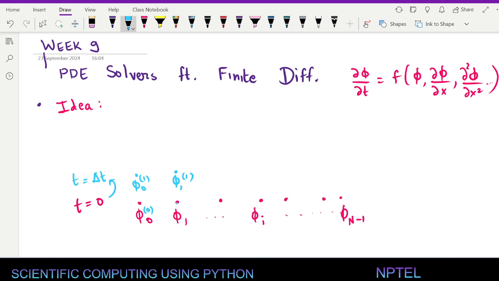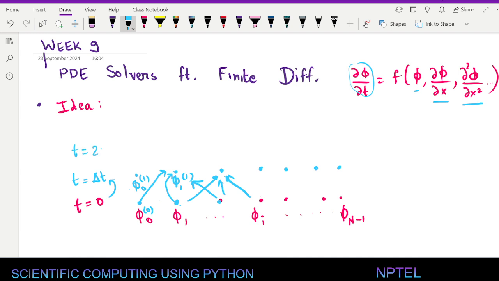And how do you get it? Well, you say that the update in phi 1 is this del phi by del t, and that depends on del phi by del x, del 2 phi by del x2, and that is computed using these values. So if you are using central difference, for example, then these two values will tell you this one. Again, this one will be determined by these two or three values. Okay, so this way you get all the phi's at t is equal to 1.